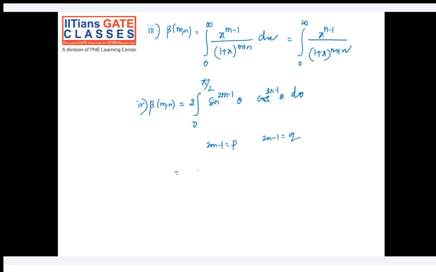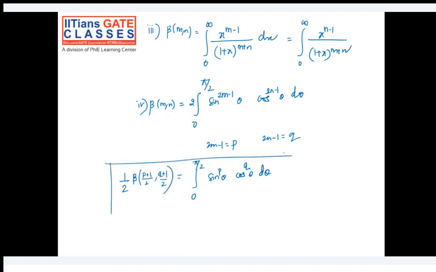Integration 0 to pi by 2 sine raised to the power p theta, cos raised to power q theta d theta. Then I can write it as, this 2 will come to the left hand side, 1 upon 2 beta of p plus 1 by 2 comma q plus 1 by 2.